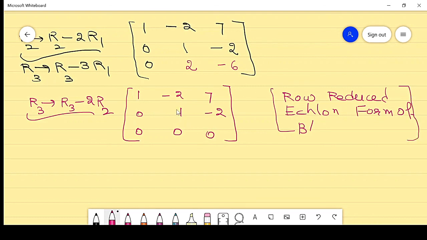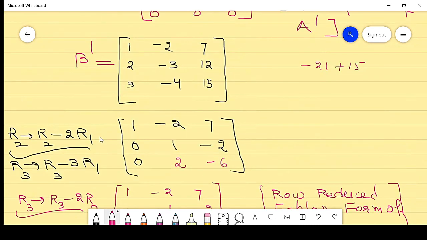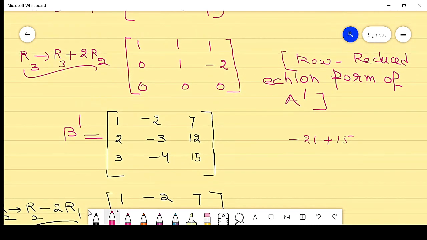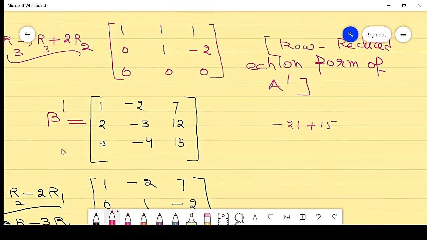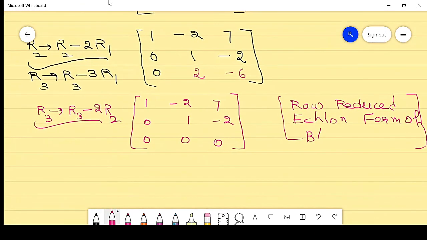Now here the row vectors are 1, minus 2, 7 and 0, 1, minus 2 in the case of B dash. Now check in the case of A dash, it is 1, 1, 1, 0, 1, minus 2. It means the second vector is the same, but the first vector is not the same.